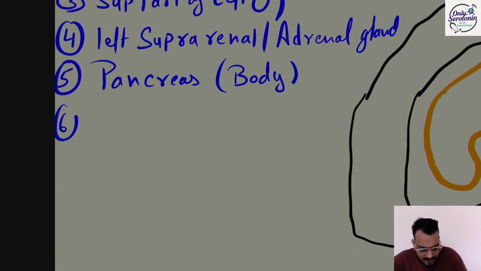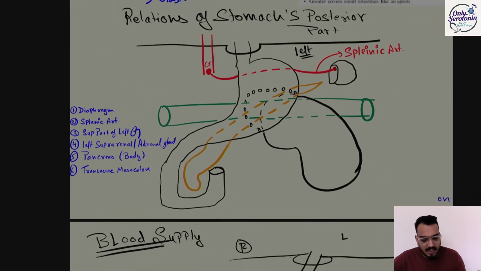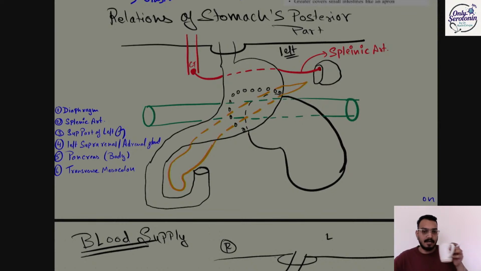And the last thing which we have discussed is a part of the mesocolon, a part of your transverse colon, that is known as transverse mesocolon. So all these things are present where, guys? All these things are present behind the stomach.